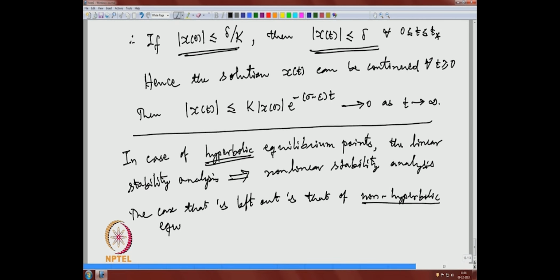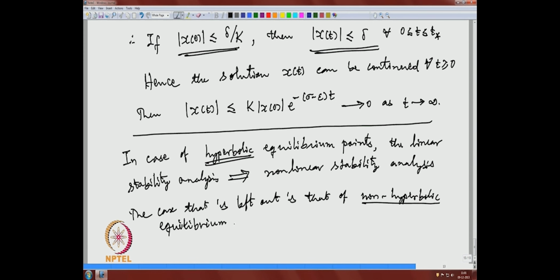That means the Jacobian matrix now will have eigenvalues with 0 real part, and we have seen through examples that the linear stability analysis may or may not imply the non-linear stability analysis. We have seen examples where, in case of non-hyperbolic equilibrium points, the equilibrium point may be stable in the linearization, but unstable or even asymptotically stable in the non-linear case.